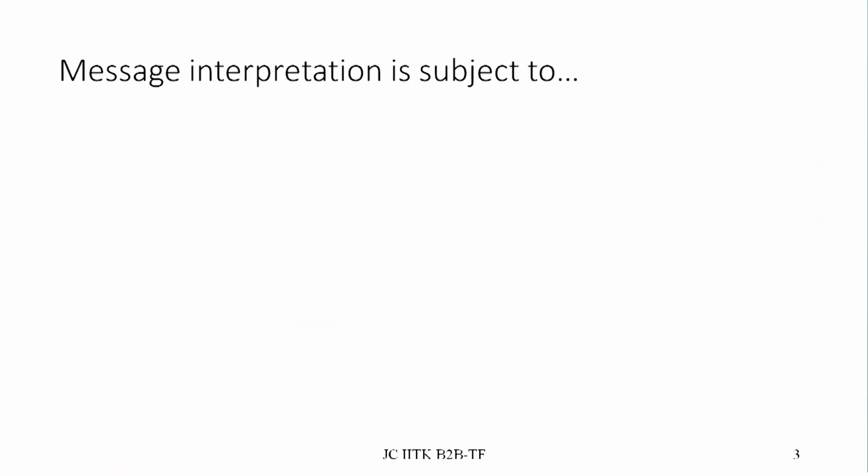So, the message interpretation sent from the sender to the receiver will be affected by three kinds of events or phenomena. One is selective exposure, which refers to the actual media to which a receiver may be exposed.